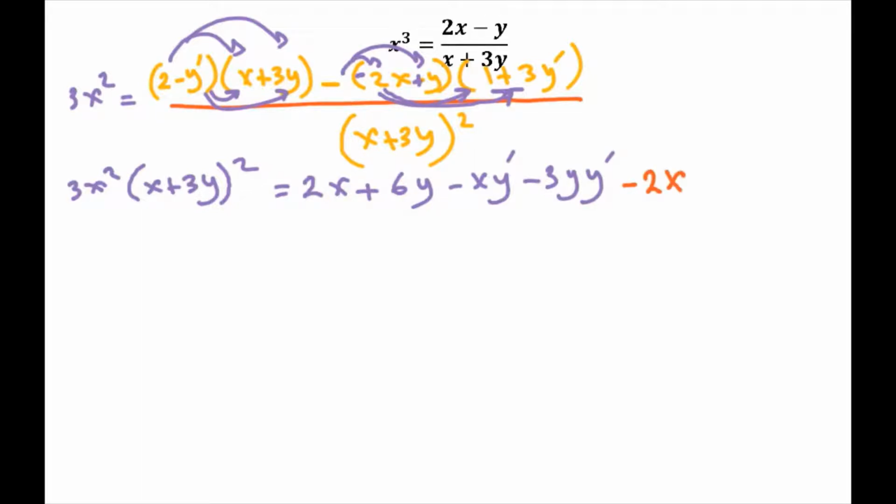Negative 2x times 3y prime is negative 6x y prime. Then y times 1 is y, and y times 3y prime is 3y y prime. Now time to simplify.